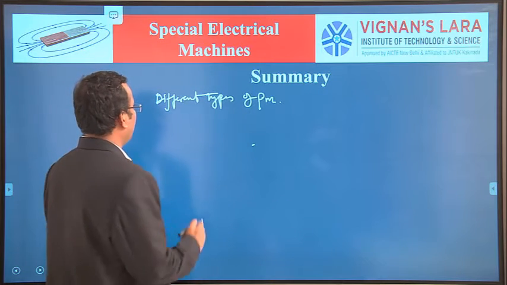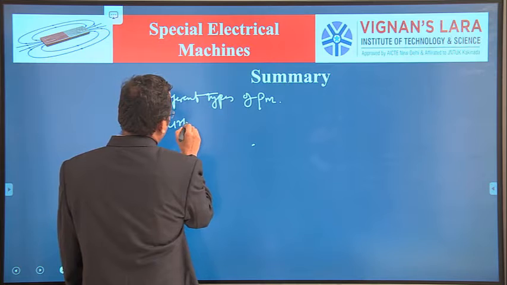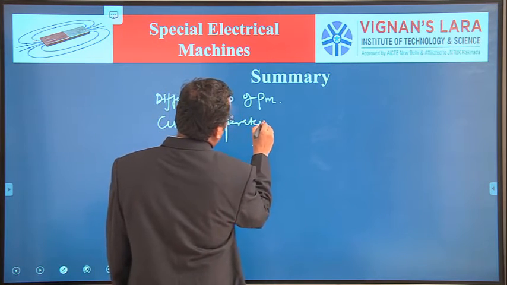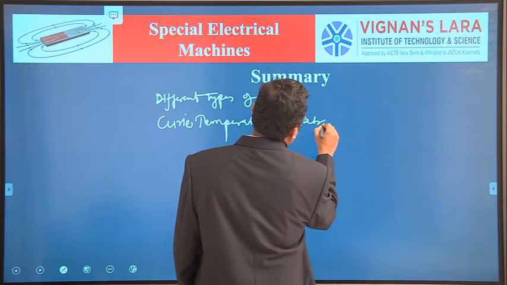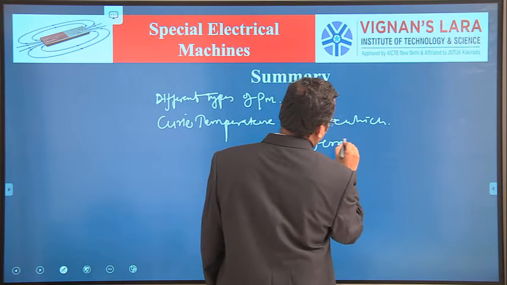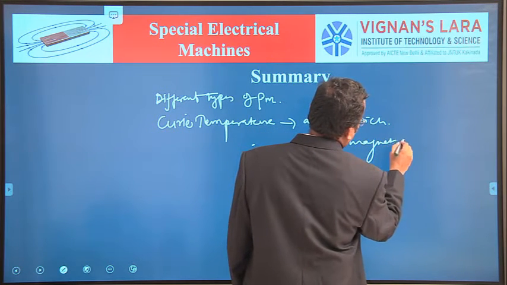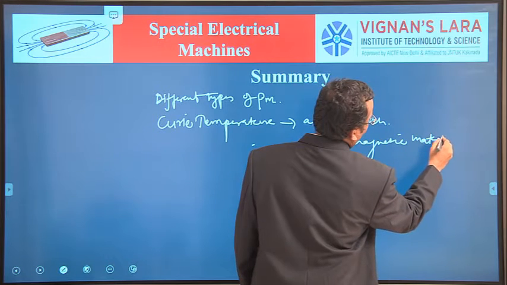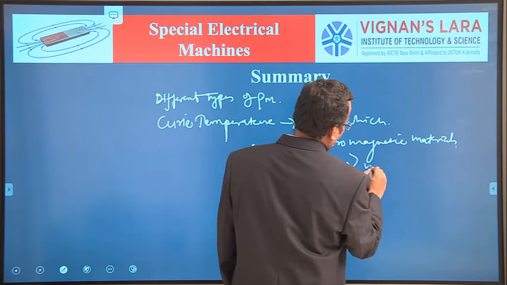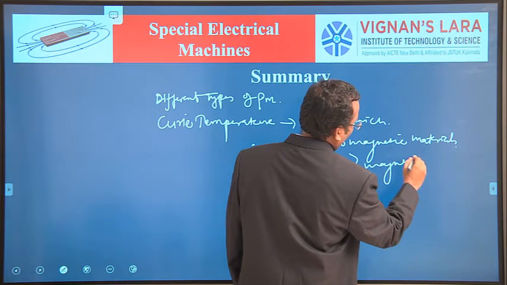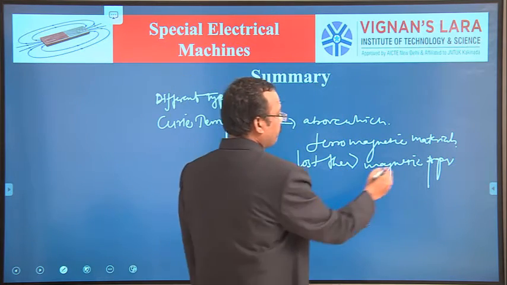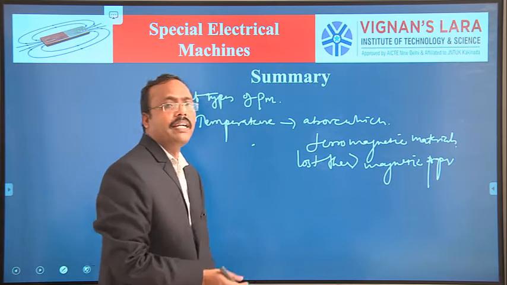Next, we discussed the Curie temperature, above which ferromagnetic materials lose their magnetic properties, and under these conditions the magnetic dipoles completely disappear.